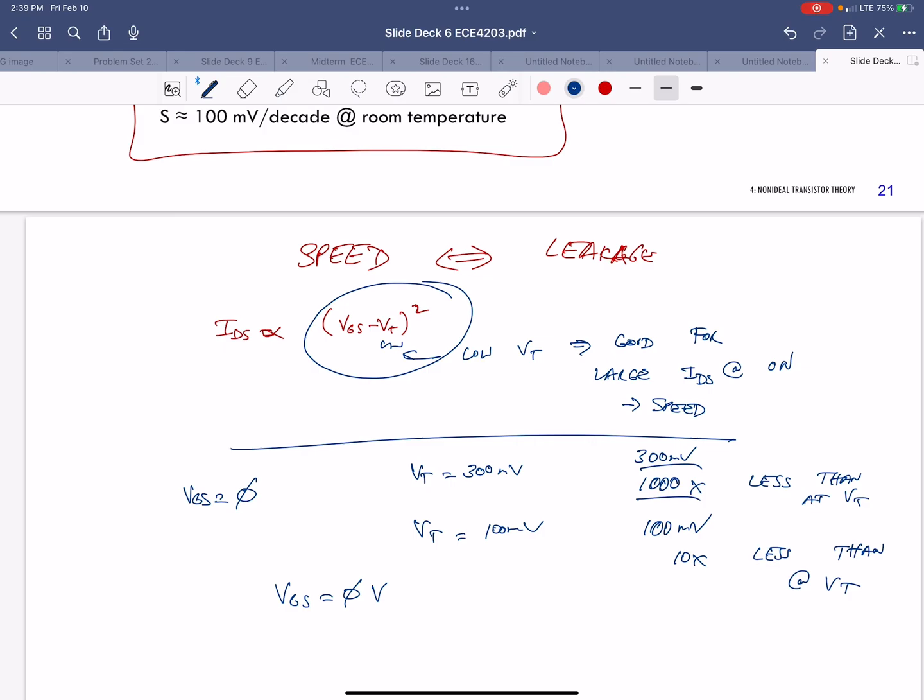Does that make sense? 10x for every 100 millivolts, which means very sensitive. So you have this trade-off between going fast and having low leakage.